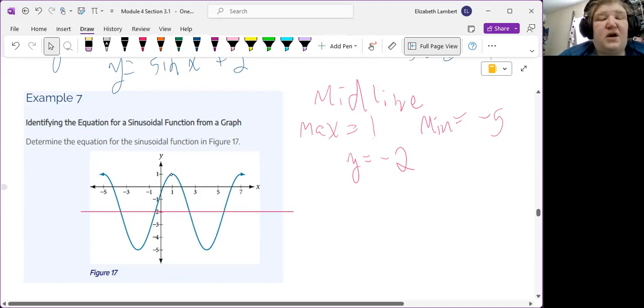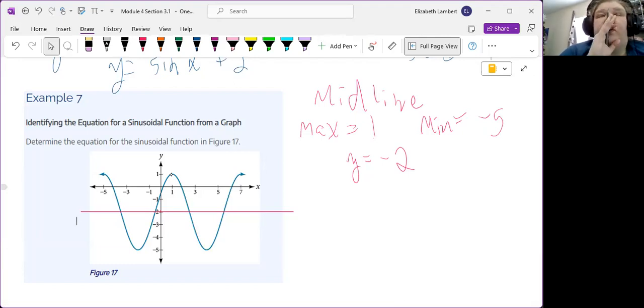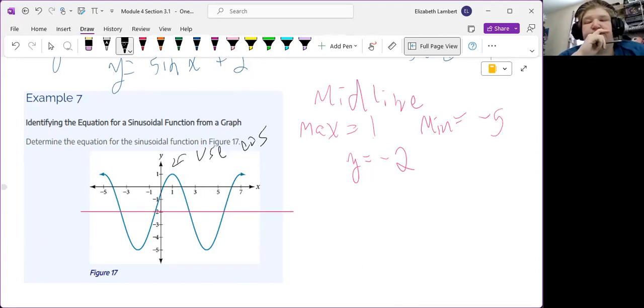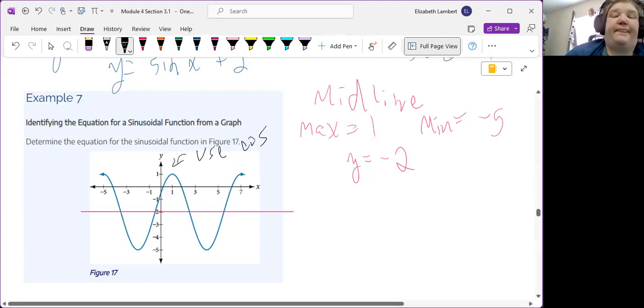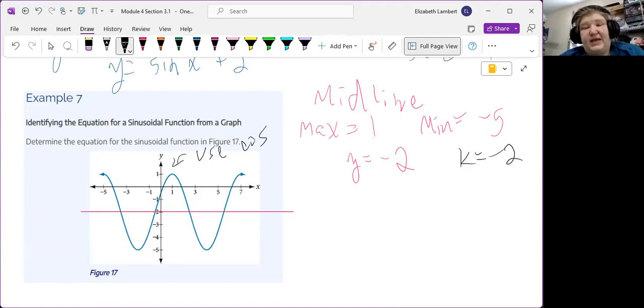So since our top of the arc is lining up with 1, that means that we're going to use cosine here. Now on our midline, we figure out where that is. That midline is also our vertical shift. So our K is going to be -2 for this graph.